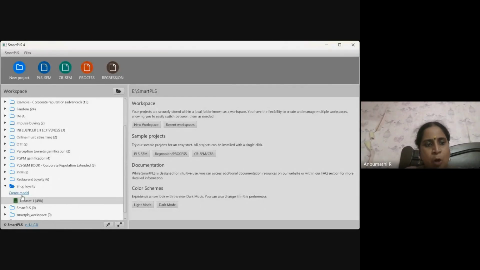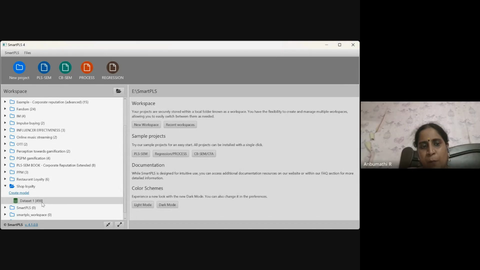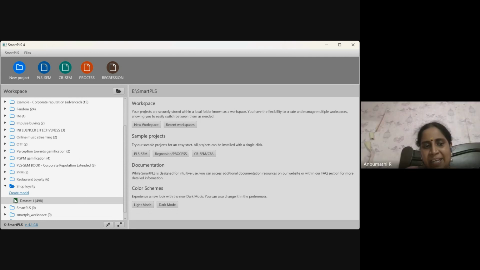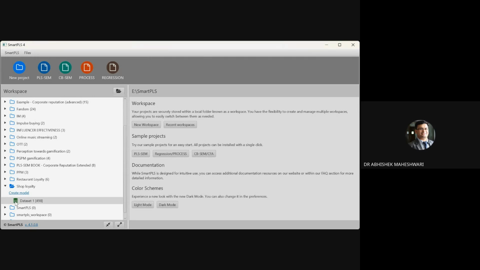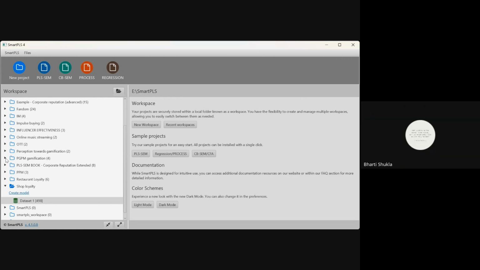You have shop loyalty here, data set 1498. In the left hand side, it is showing you in green color, which means that your data set is imported and it is perfect. You can go ahead.